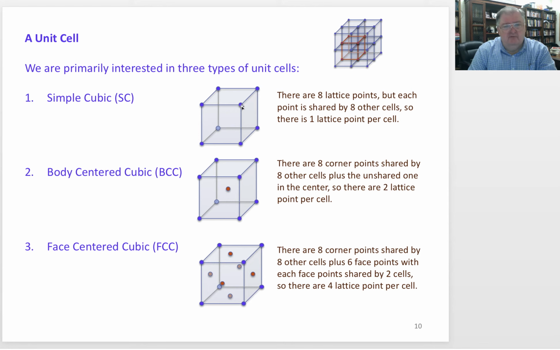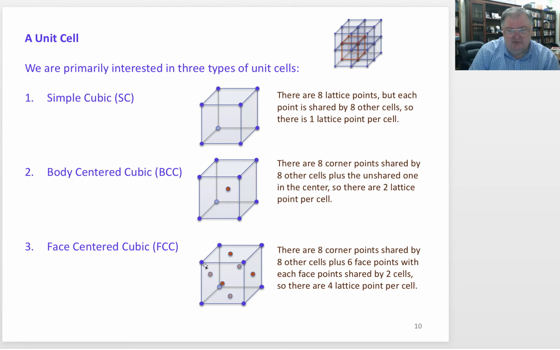Okay, very simply, the body-centered cubic is the same as the simple cubic in that I have these 8 corner points that are shared by 8 cells. But additionally, I have this point in the middle here that's not shared by anybody, that sits by itself. So in this case, there are going to be 2 lattice points per unit cell. What about for the face-centered cubic?